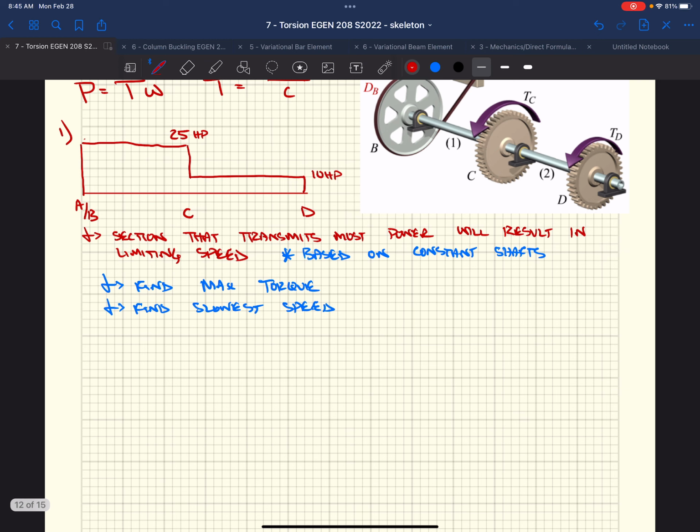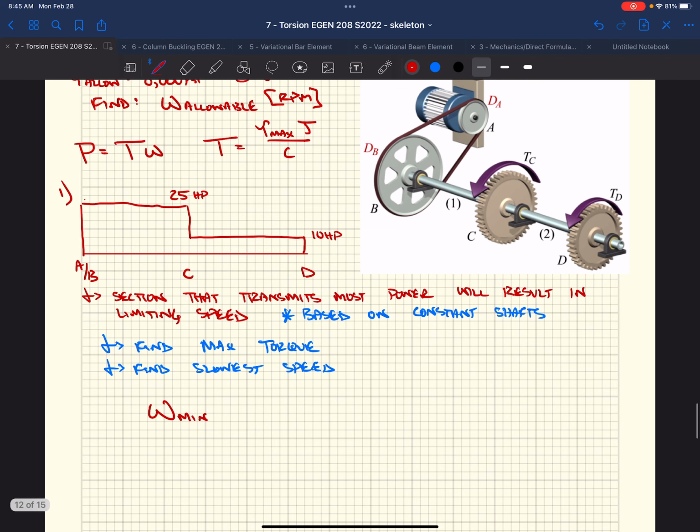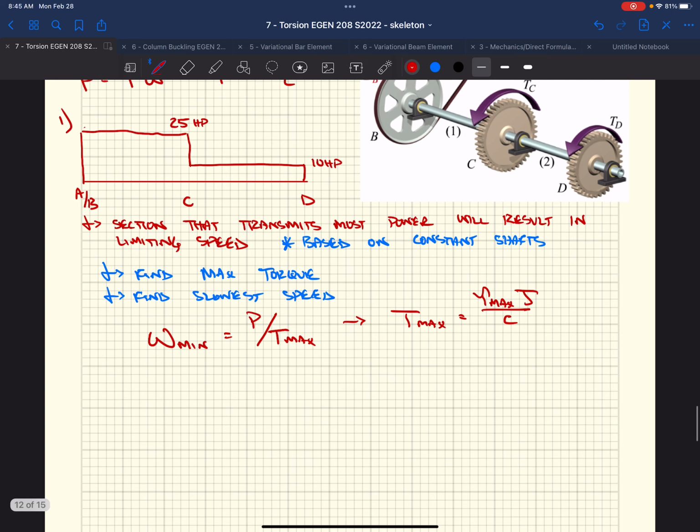Okay, so let's start by saying our minimum speed. If we rearrange our power equation, we know power, we're gonna know torque. Our minimum rotational speed is the power delivered divided by our maximum applied torque, where we know our maximum applied torque is the maximum shear stress times the polar moment of inertia over C. Well, if we just calculate our known values in that equation on the right, we've got our diameter of 1.5 inches.